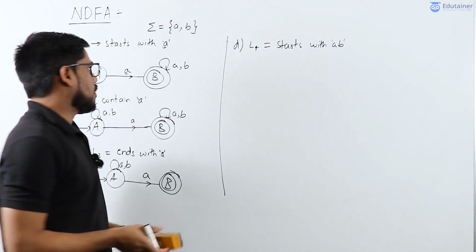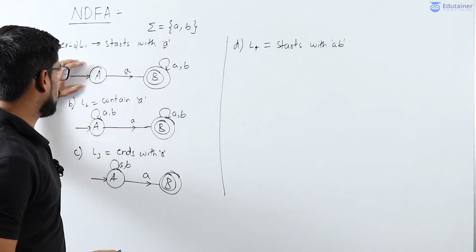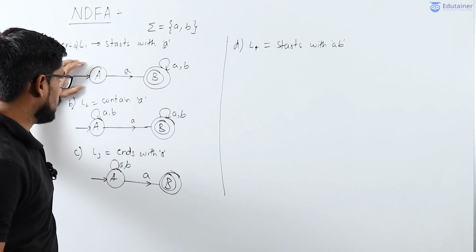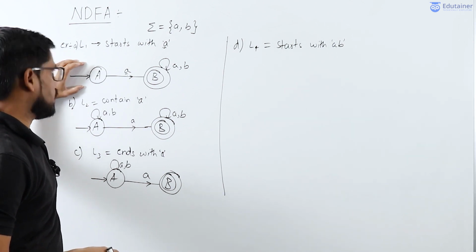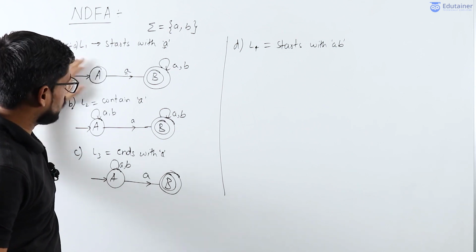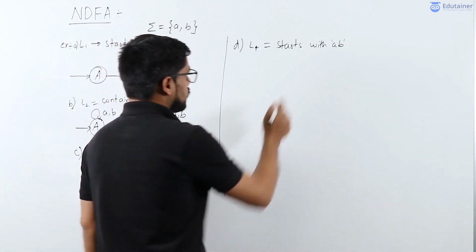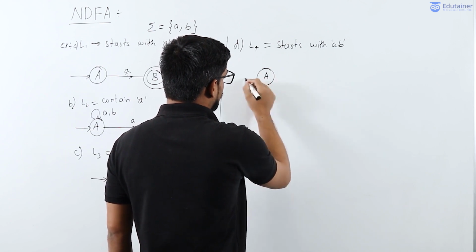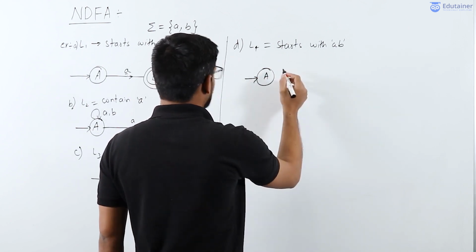You already drew the transition diagram of a language which starts with A. You can easily draw the language L4 which starts with AB. From this observation, capital A is the initial state.